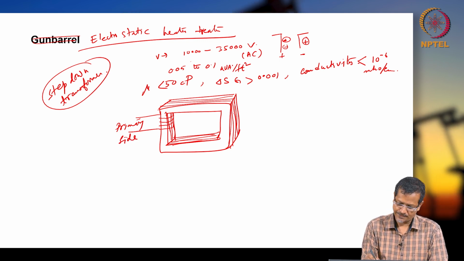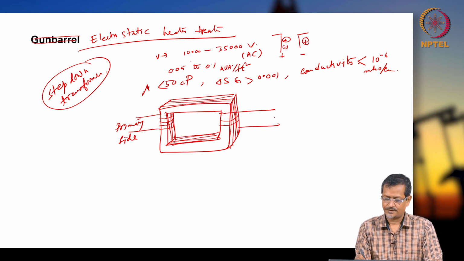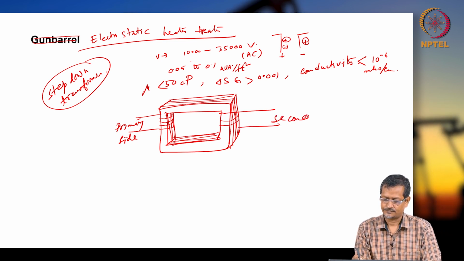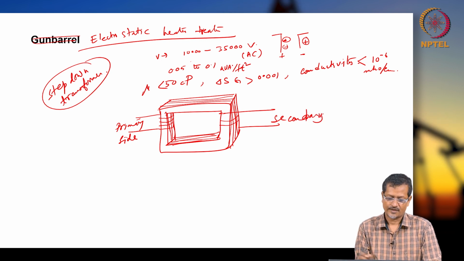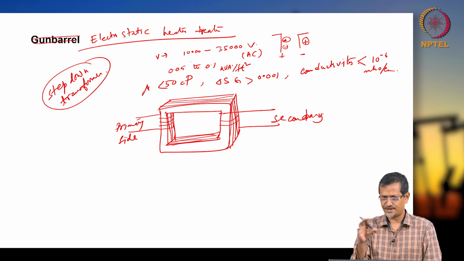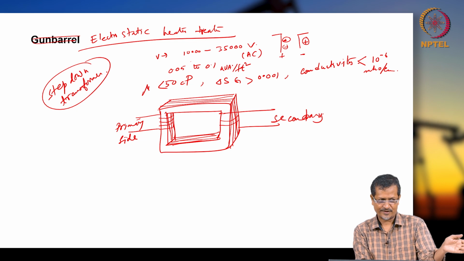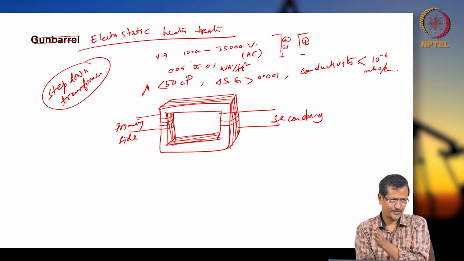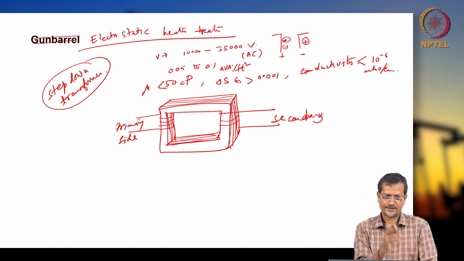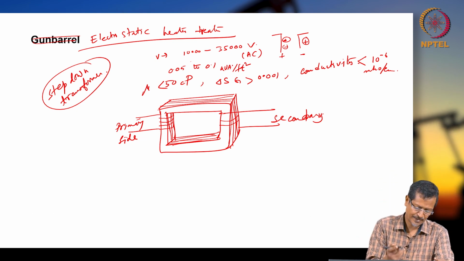Here the number of turns in primary and secondary decides how much voltage you are increasing or decreasing. If the primary side is 440 volt and you want 220 volt on the secondary side, you have to calculate how many turns should be there. Let us see a simple calculation.